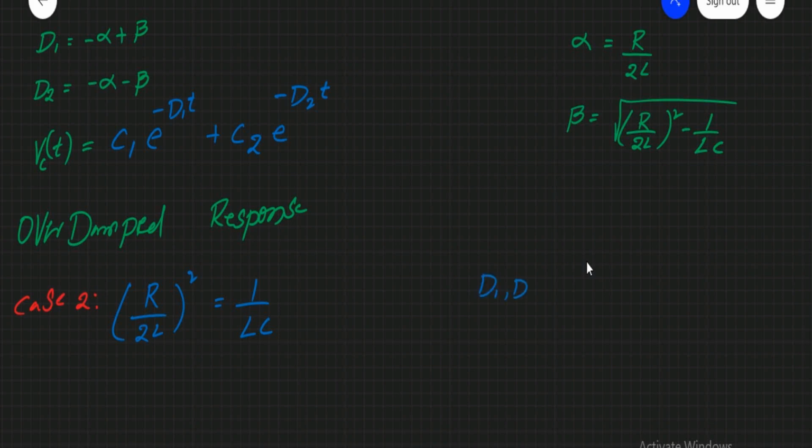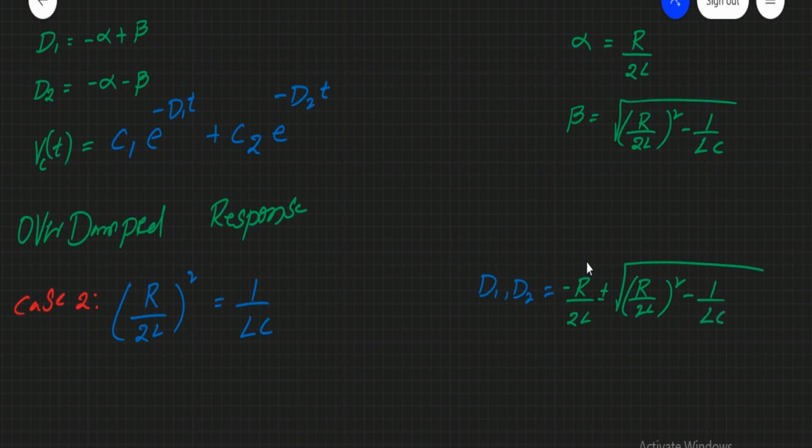D1, D2 is equal to minus R by 2L plus or minus under root of (R by 2L) whole square minus 1 by L into C.